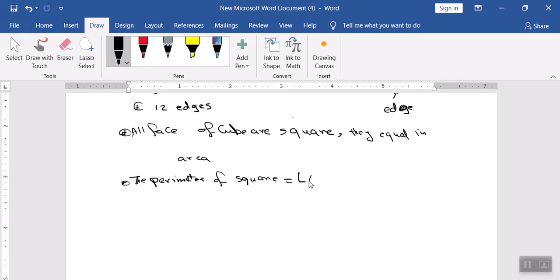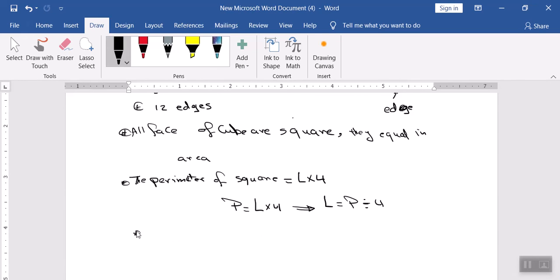We can write it like this: P equals length times 4. From here we can find the length equals perimeter divided by 4, as we will use it later.